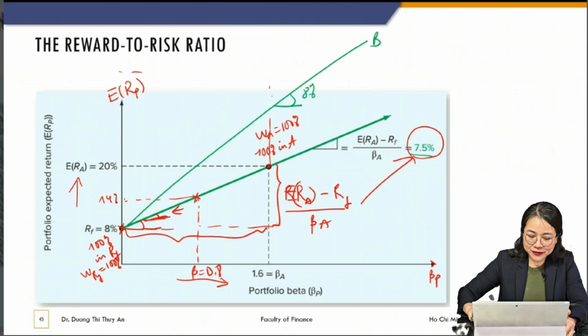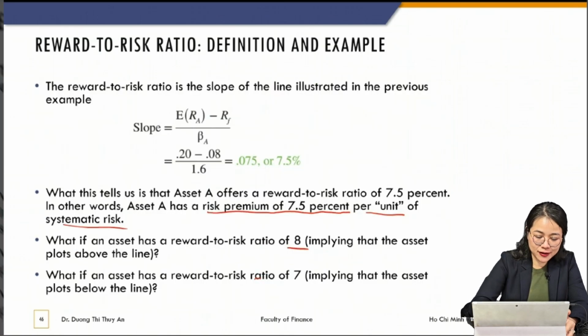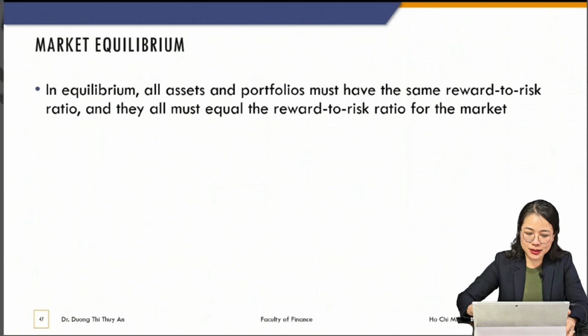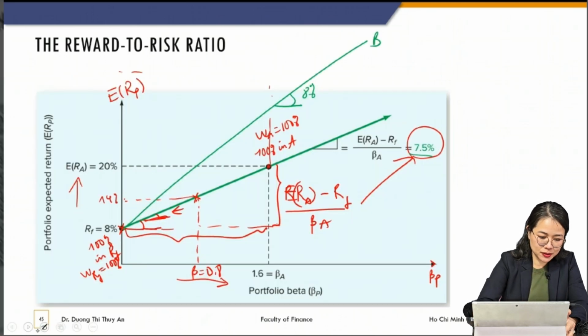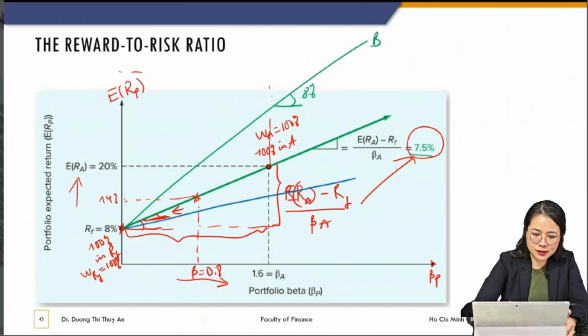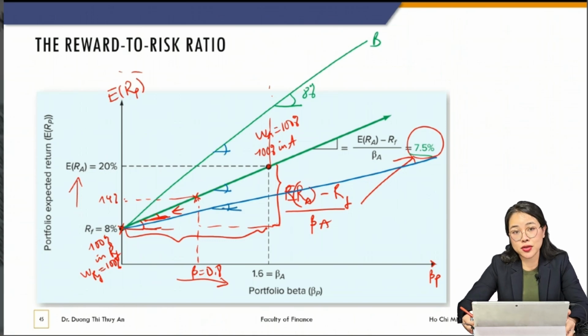For example, if there's another asset in the market with a reward ratio of 7, meaning it's smaller than this, so lower slope, lower risk reward ratio. So what?